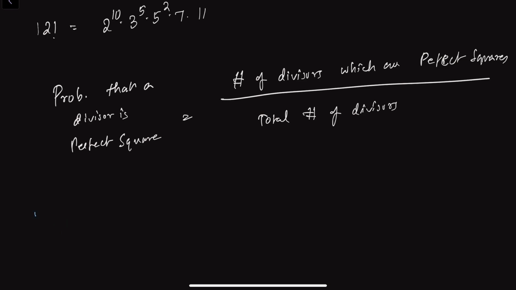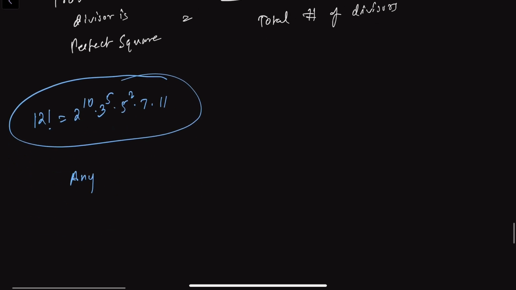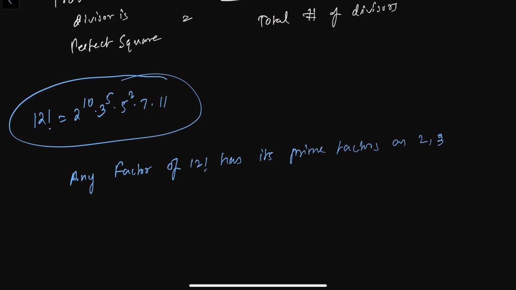If I consider the prime factorization of 12 factorial, 2 to the power 10, 3 to the power 5, 5 squared, 7 into 11, any factor of 12 factorial has its prime factors as 2, 3, 5, 7 and 11.